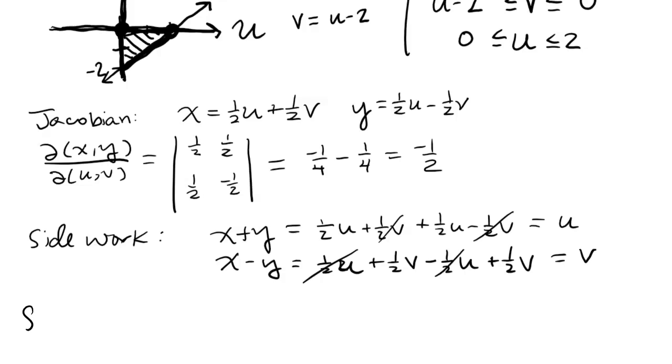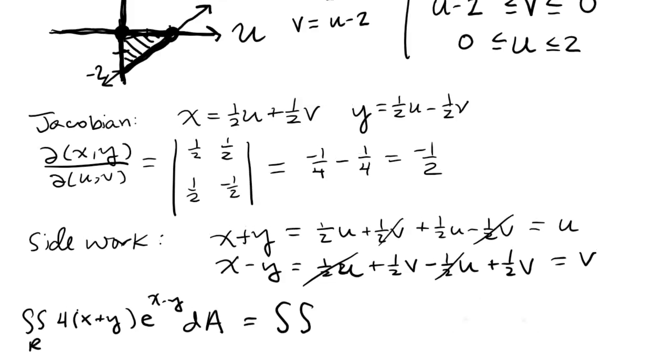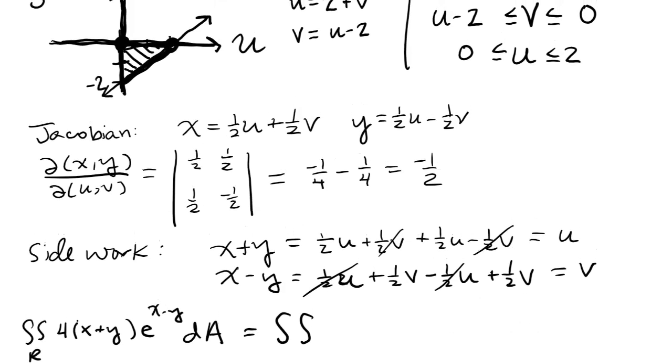So when we set up our integral now, we had the integral of 4 times x plus y, e to the x minus y, dA. And now we're trying to make our switch to our u's and v's. So our bounds for v, just scroll up a smidge here, we can see, went from u minus 2 to 0.